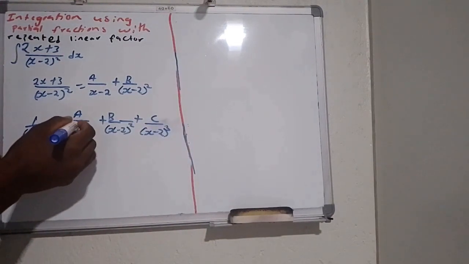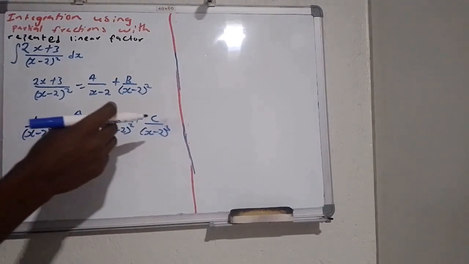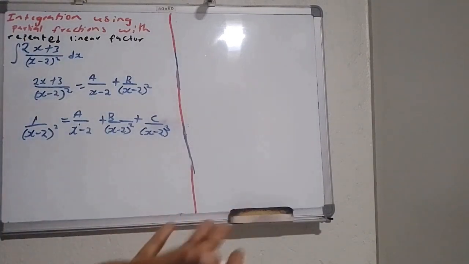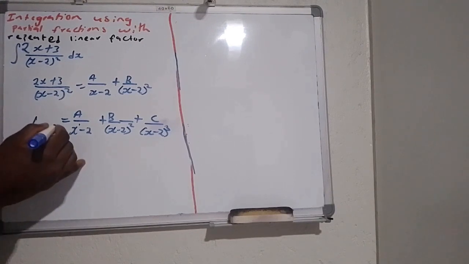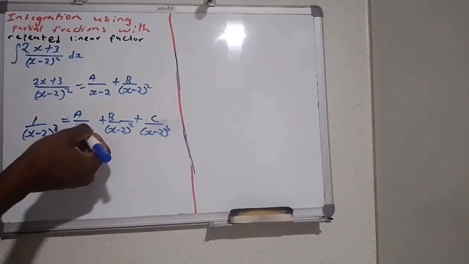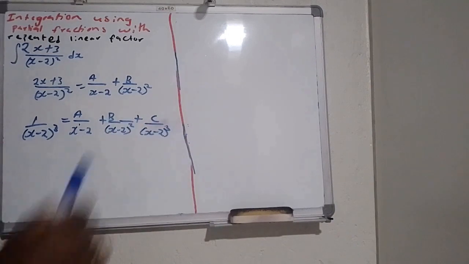So you always start at the first degree and go up to the degree that they gave you. They gave me up to 3 degrees here, so I start at the first degree, second degree, and third degree.